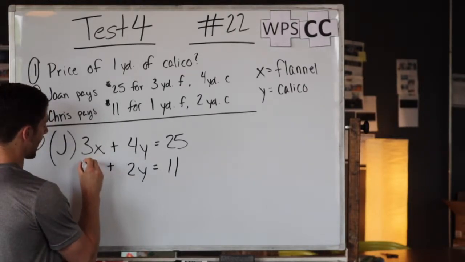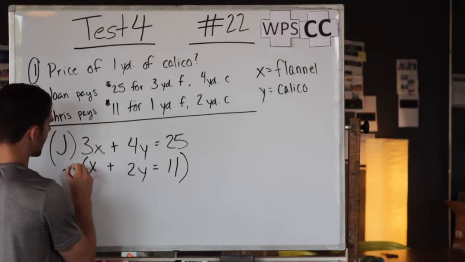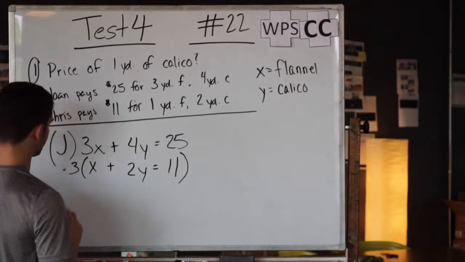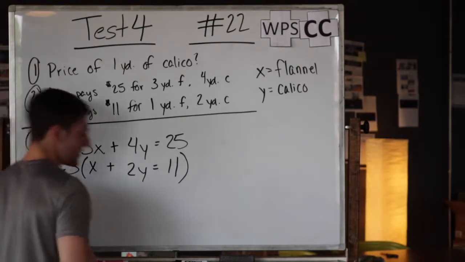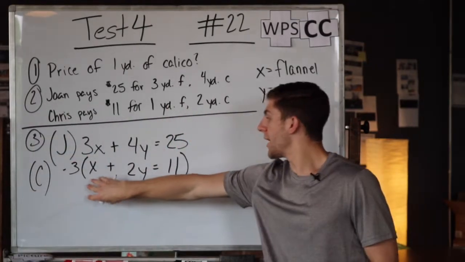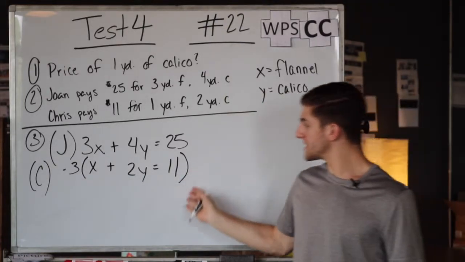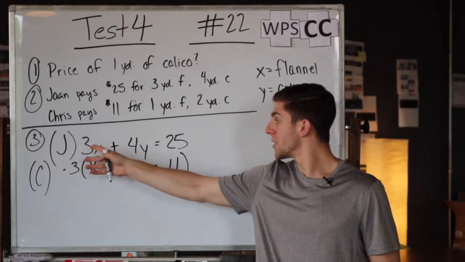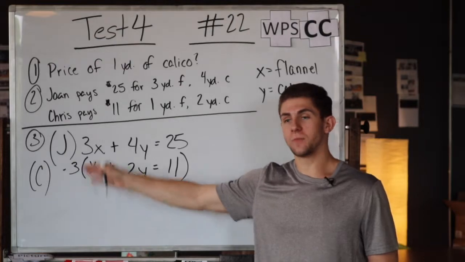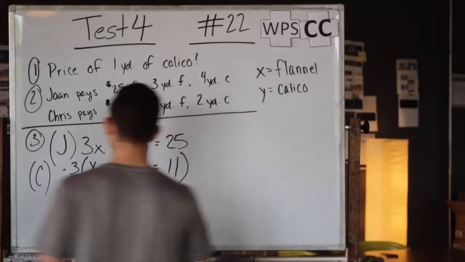So how we're going to do that is we're going to multiply this entire equation by -3. Sorry, this is Chris's equation down here. I'm going to put a C here. We have to multiply all of Chris's equation by -3. The reason that we do that is because once this is multiplied, this will be -3x. We can cross these out. That'll eliminate that variable.